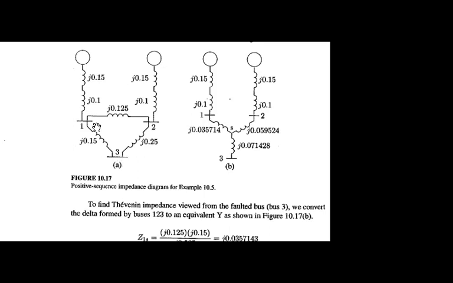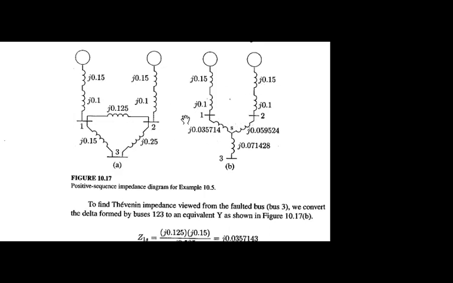Because bus 3 has the fault, we have to determine the bus 3 Thevenin equivalent impedance. To do that, we have the circuit, and that circuit has some delta. If we have a delta, we cannot find the equivalent impedance simply. We have to shift that delta to Y, which is the equivalent of the delta network.